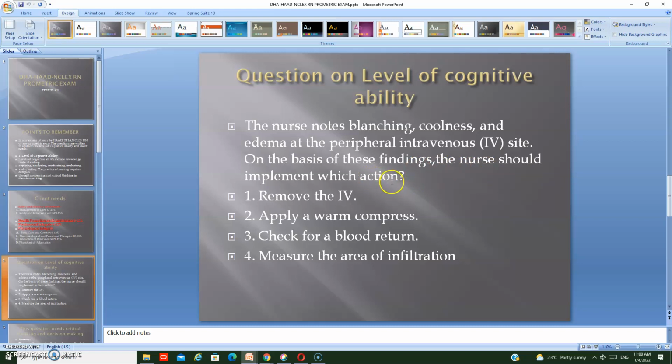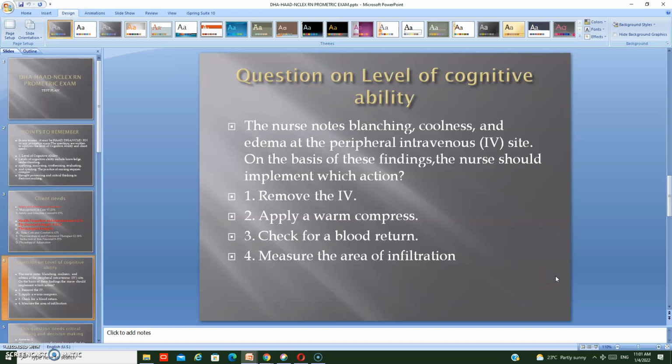What are you going to do first? Remove the IV, apply warm compress, check for blood return, or measure the area of infiltration. What is your answer? What do you understand seeing all these symptoms? Here is the critical thinking that you have to apply.